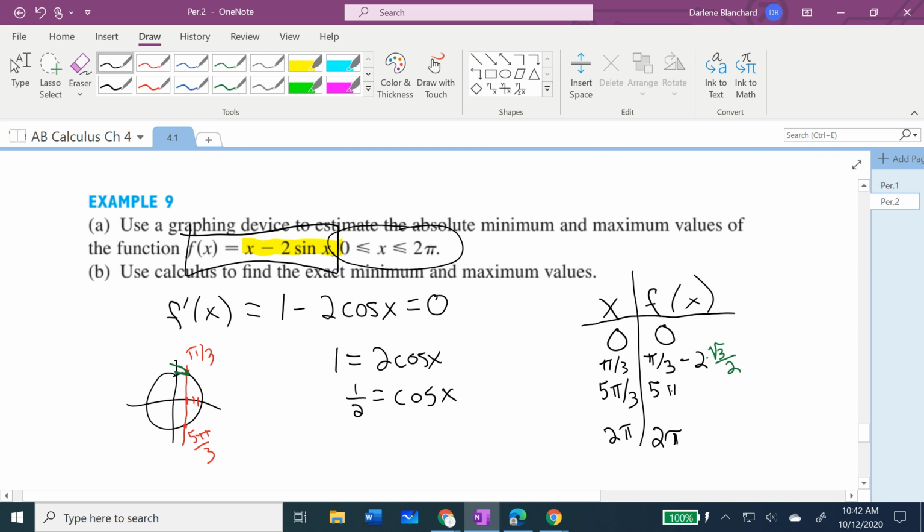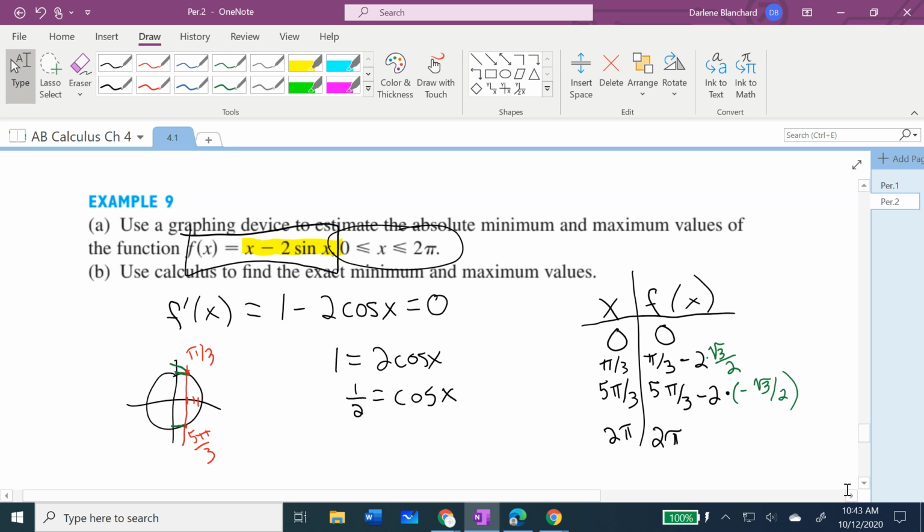And then with 5 pi over 3, its sine value is negative root 3 over 2. At this point, pull a calculator out. You need to practice using your unit circle, but I do not expect you to go through painful estimation to try and figure out who's largest and smallest.